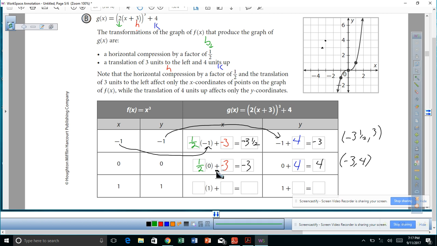You have 1/2 times 1 plus -3, and that's going to give you -2.5. And then 1 plus 4 is going to give you 5. So that gives us an ordered pair, -2.5, 5, and that's going to be right there. So our graph is going to look something like this right here.